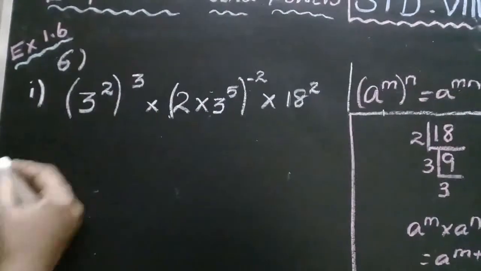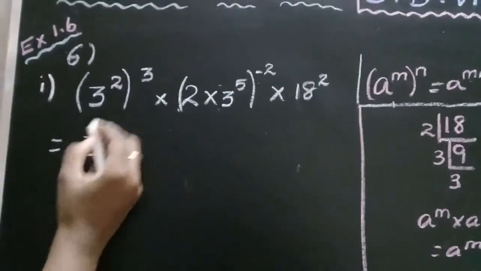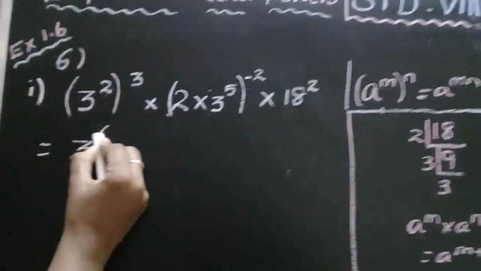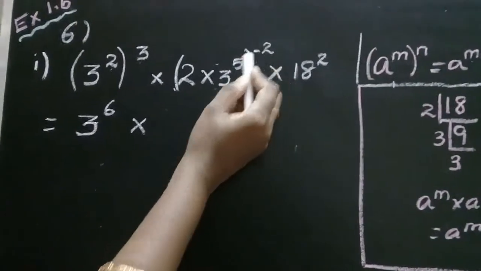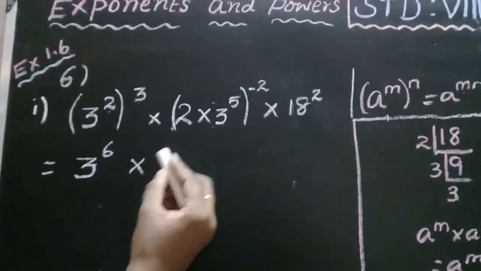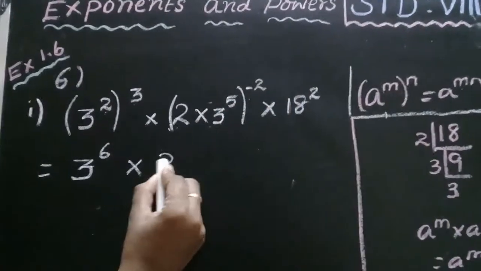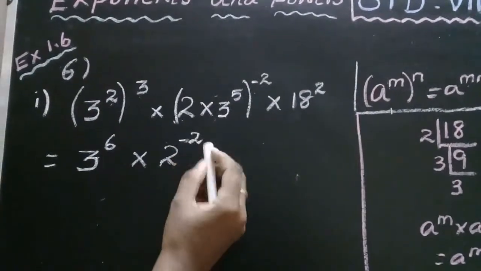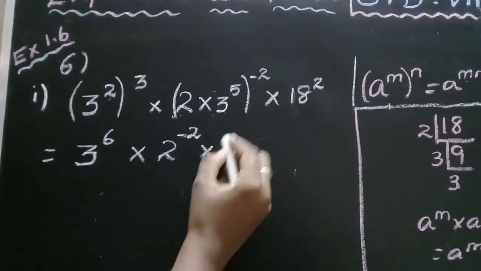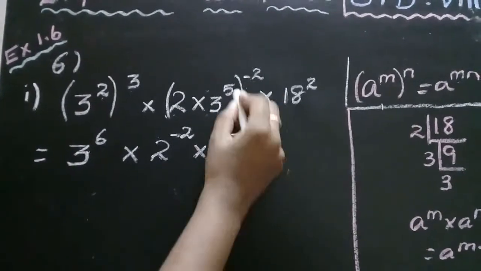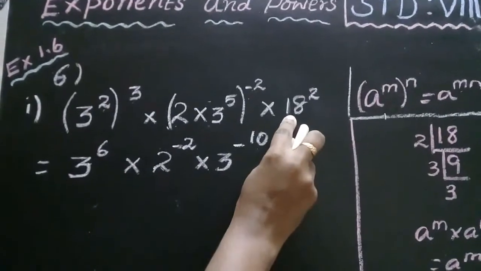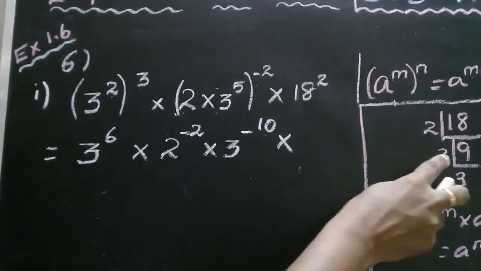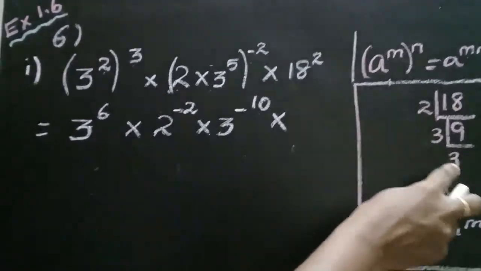Here 3 power 2 3s are 6, into 2 power minus 2, into 3 power minus 5 2s are 10, into 18 squared. 18 is the LCM value here, 2 9s are 18, 3 3s are 9.